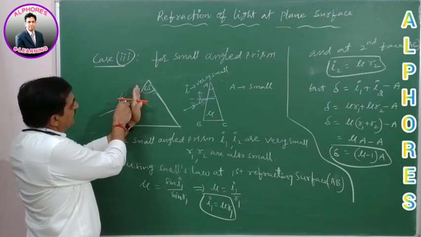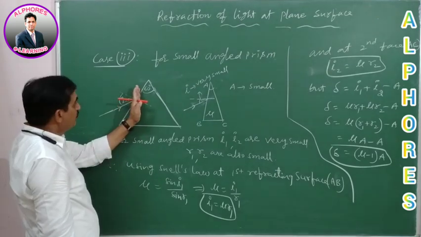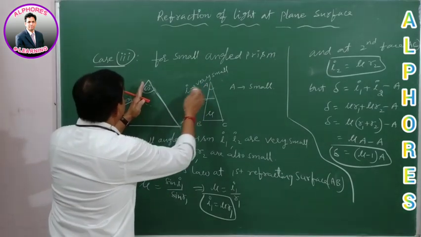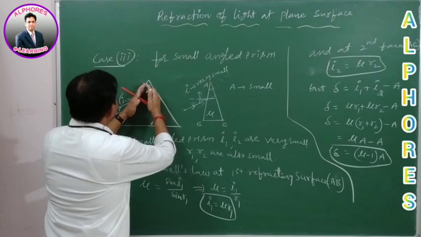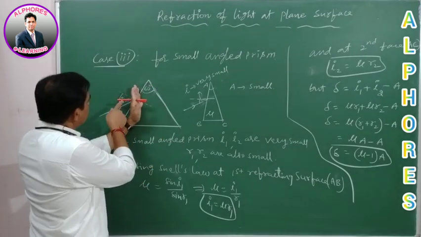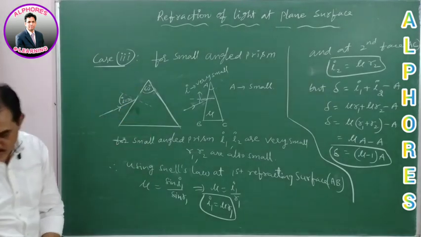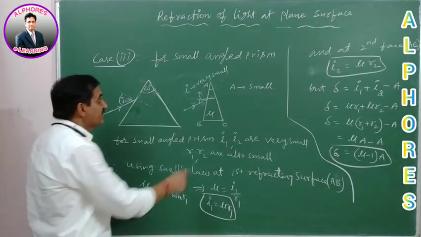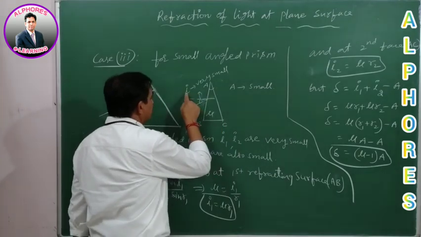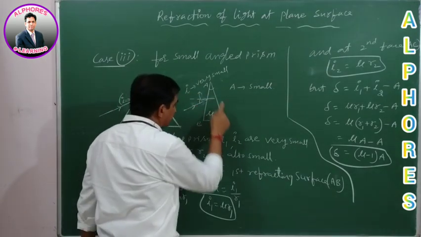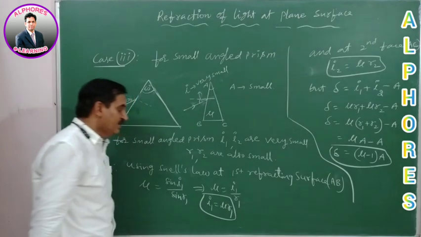See, the angle is decreasing. Therefore, if it is a very small angle of prism, it is tilting more, so the normal makes a very negligible, very small angle with the incident ray. That is the reason why for a small angled prism, I1 and I2 both are very small.